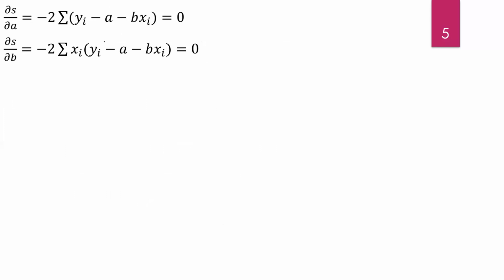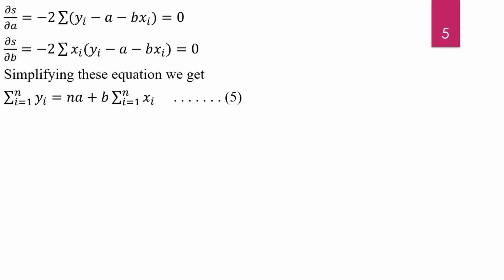Now solving these two equations, we get summation y is equal to na plus b times summation x. Similarly, the second equation, summation xy is equal to a times summation x plus b summation x square.